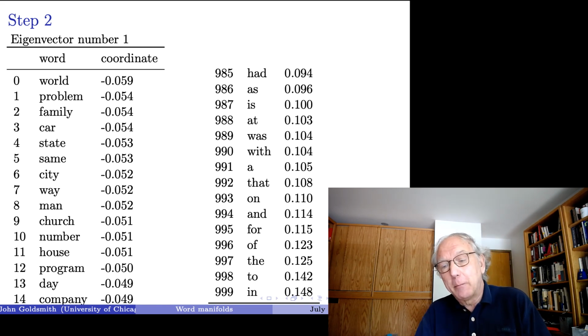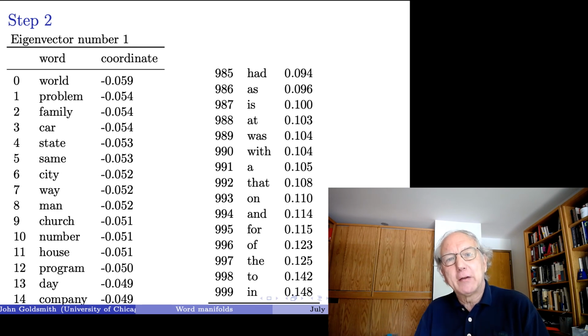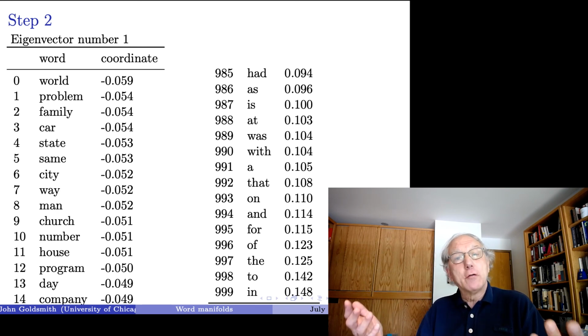They have to be orthogonal, but in principle it's possible for there to be two or more eigenvectors that have the same eigenvalue. In that case, we have some choice as to exactly which direction we pick for our eigenvectors, but that's not going to happen for us. That's a mathematical possibility, but it isn't a real-life possibility. All right, so I've just explained why we will see a balance of positive and negative values for the coordinates of the words in our eigenvectors.